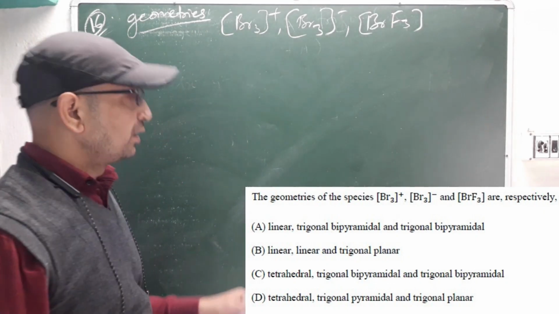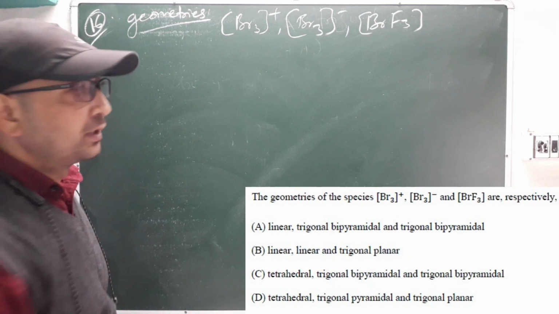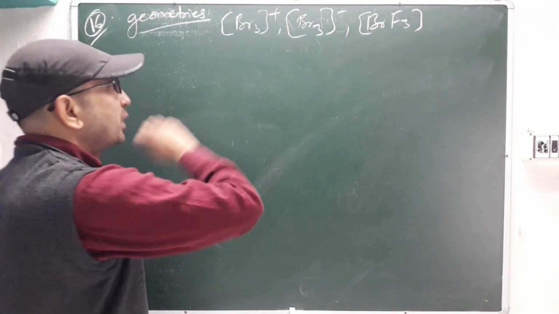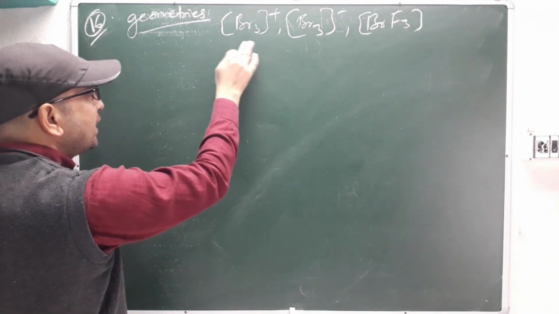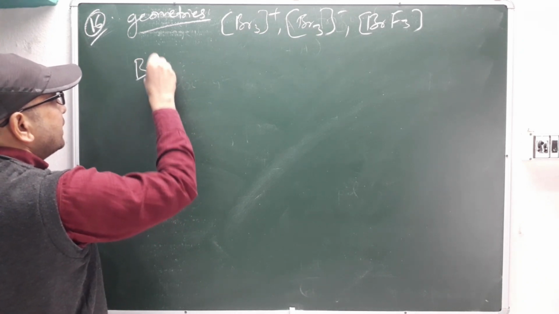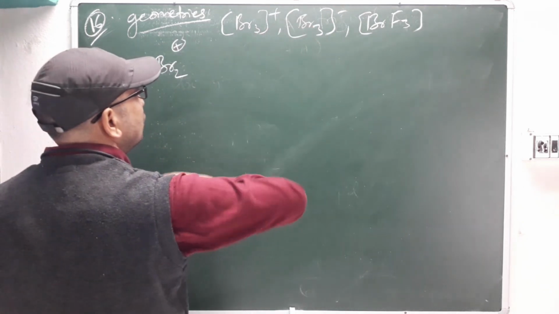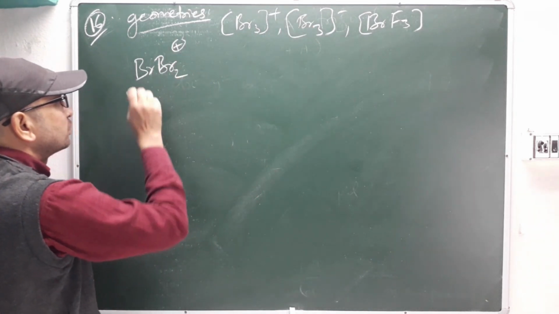Whenever they give this type of question, just find the central element. For the first species, write Br and then two substituents, with a positive charge.